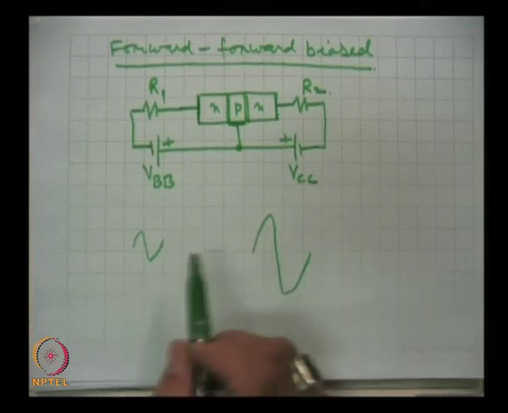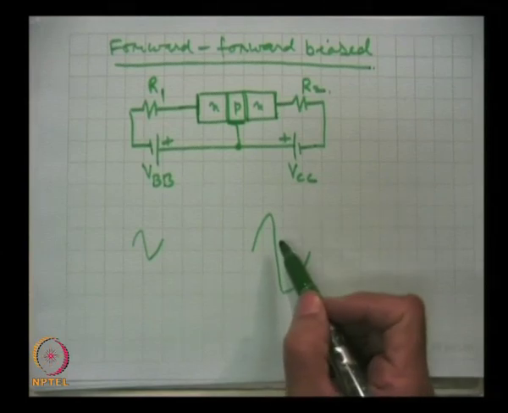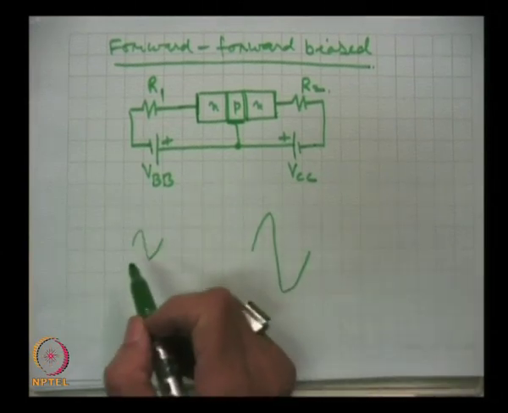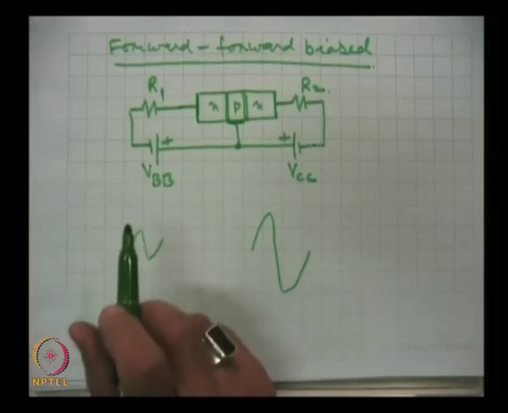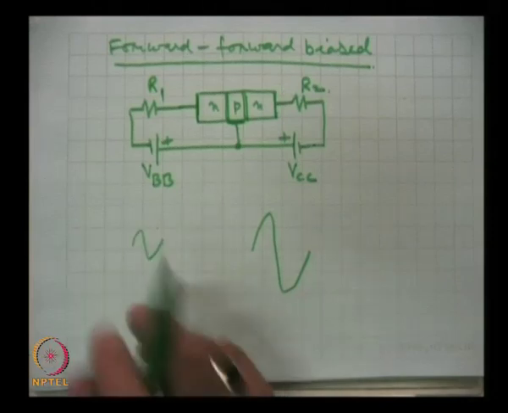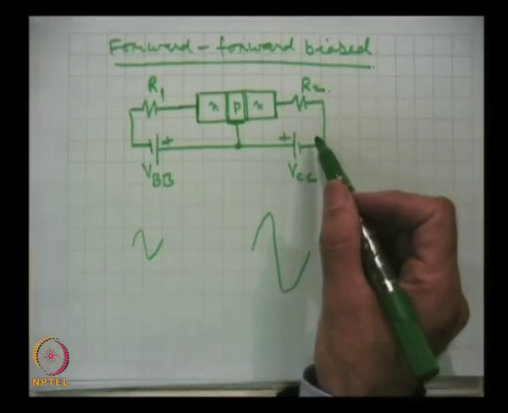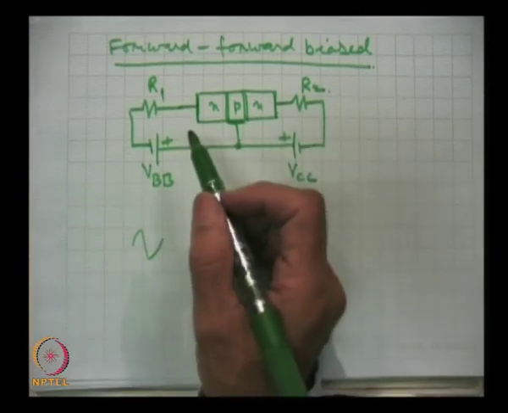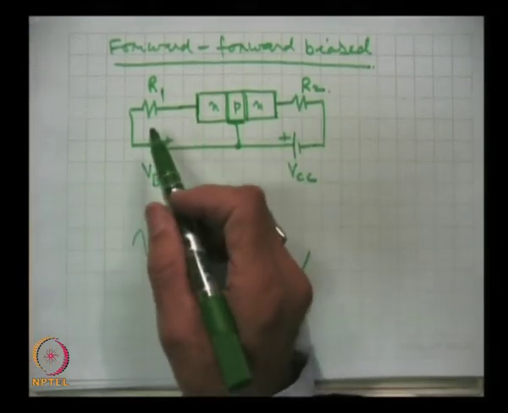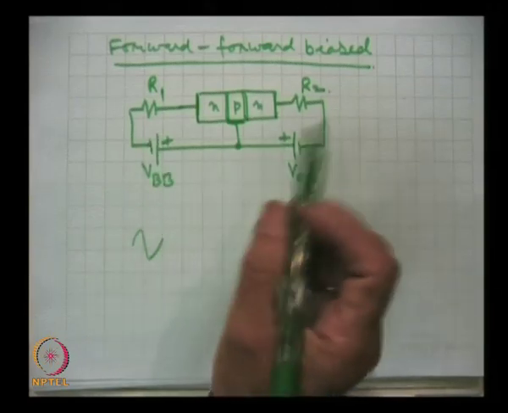When the output current or output voltage varies in accordance with the input current and voltage. I repeat, the amplification is possible when the output current or voltage varies in synchronization with the input voltage or input current.